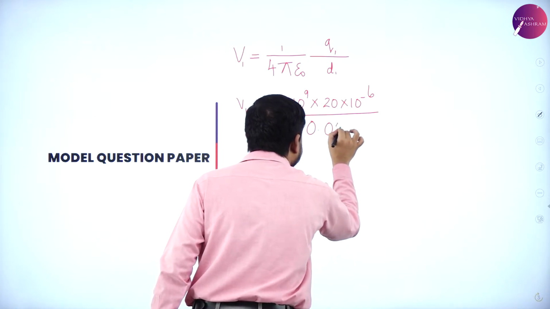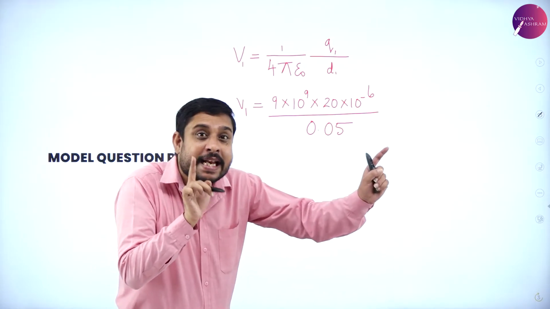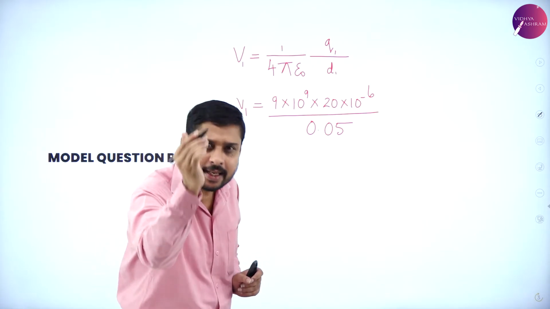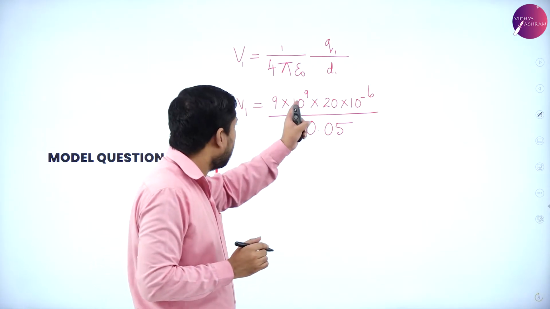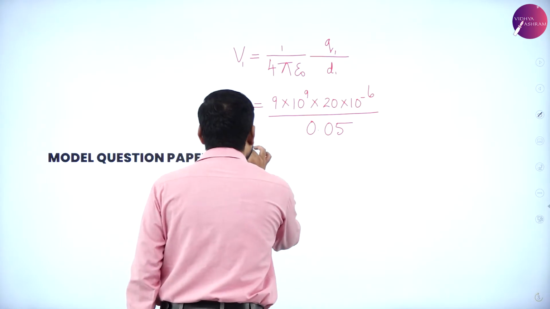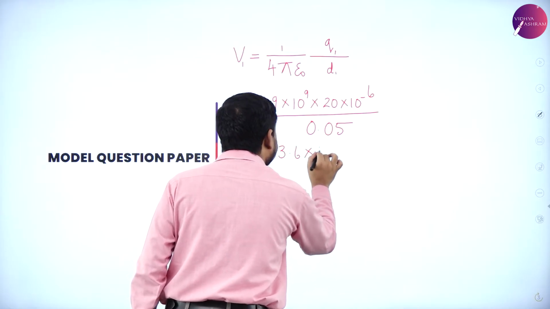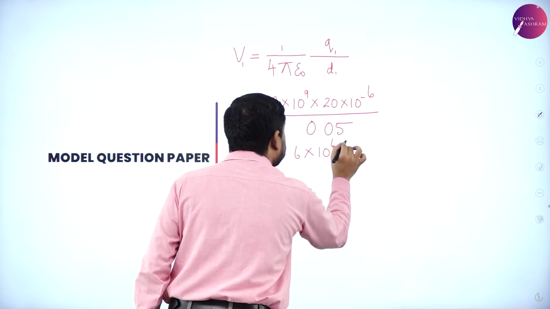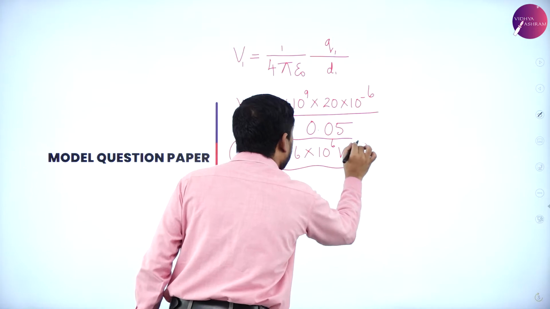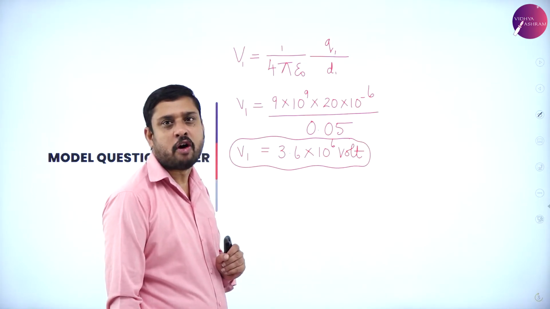The distance is 0.05 meter, when I consider the point A. Take your calculators. A very simple simplification where V1 turns out to be 3.6 into 10 power 6 volt. So this part of calculation is an assignment for you.